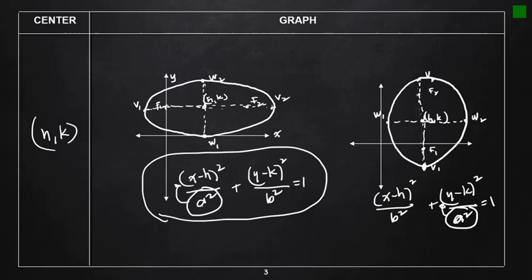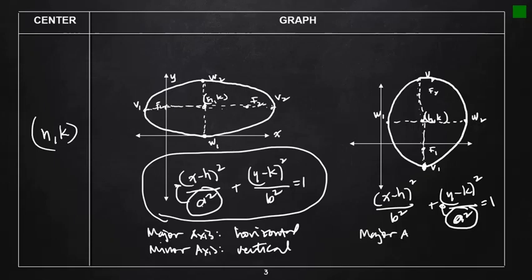In this case here, the major axis is horizontal and the minor axis is vertical. And the second one, the major axis is vertical and the minor axis is horizontal.